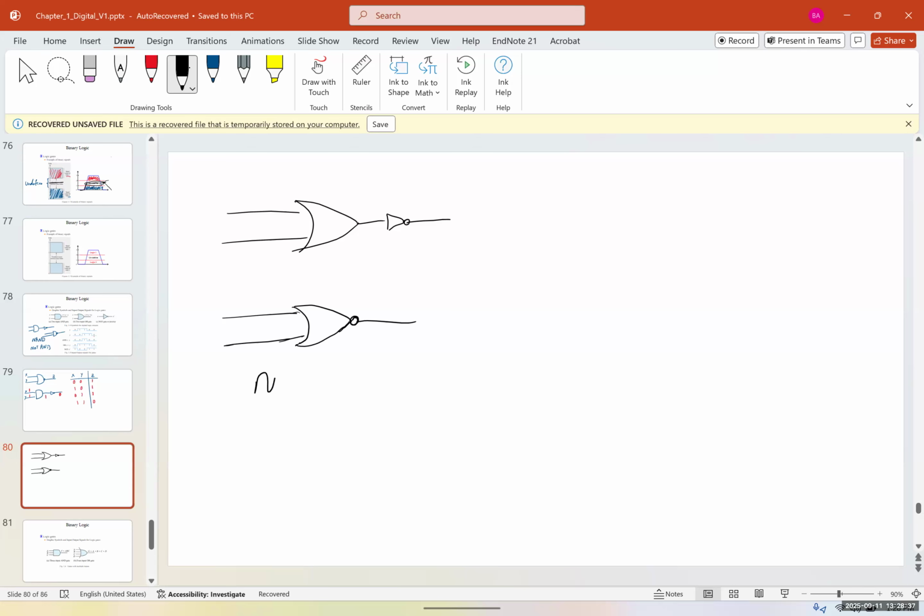So let's solve this for a NOR gate. Again, for an OR gate, if I have 0, 0 for X and Y, what would the output be? 0 OR with 0 is going to be 0. The NOT would be 1. If I have 0, 1, the answer would be 1.